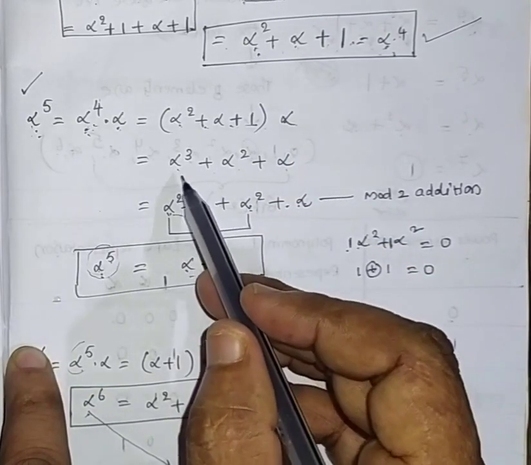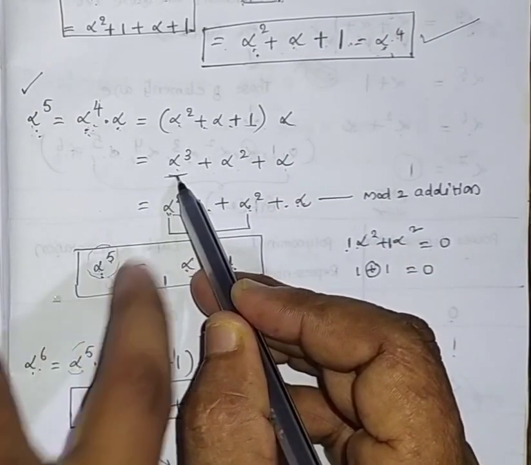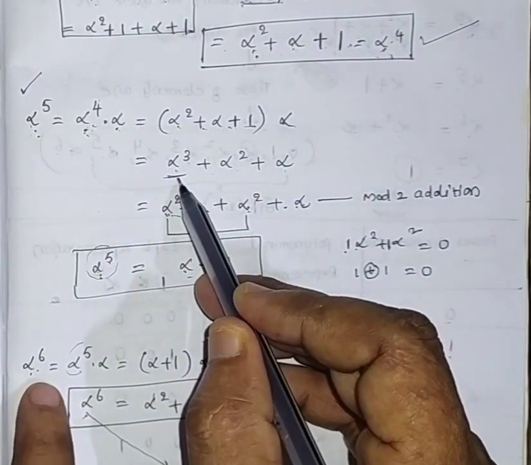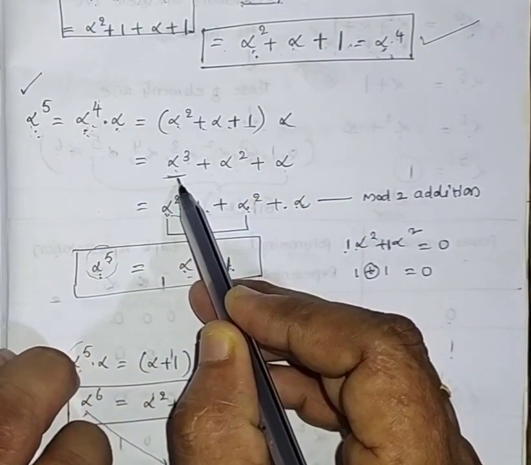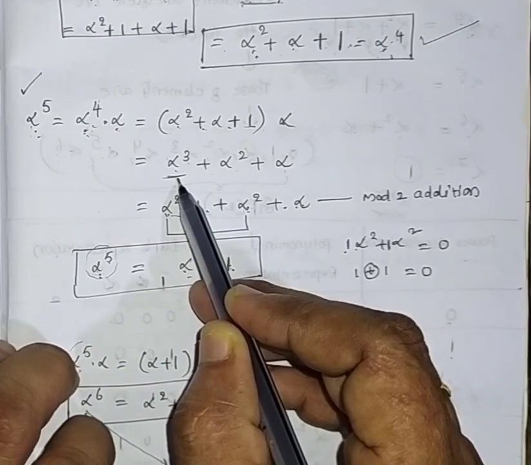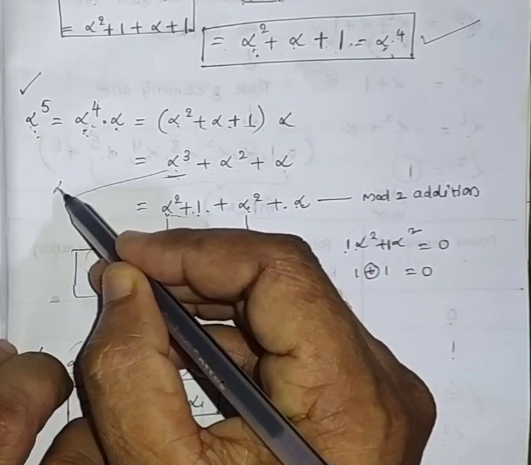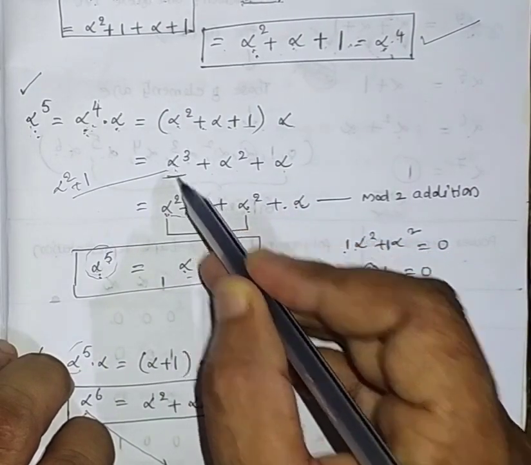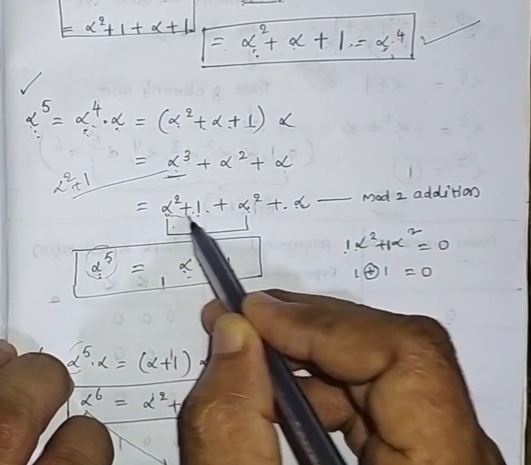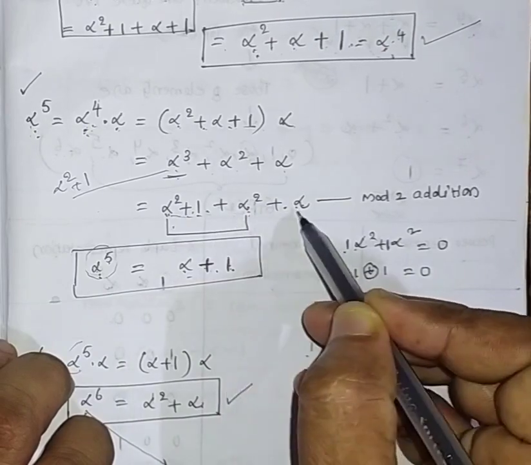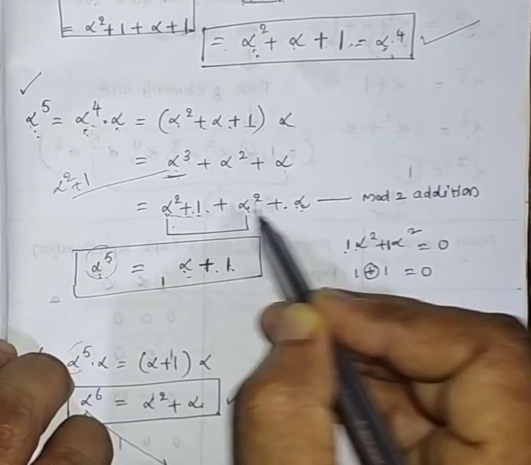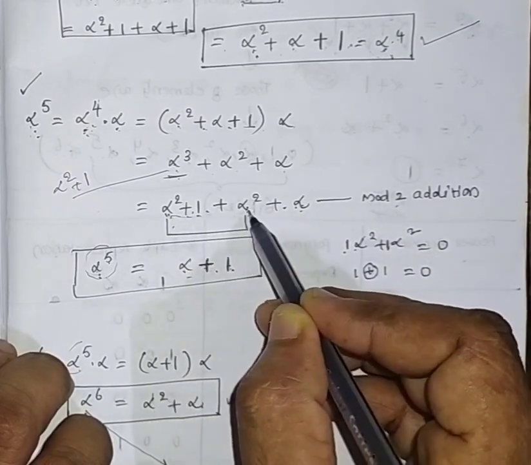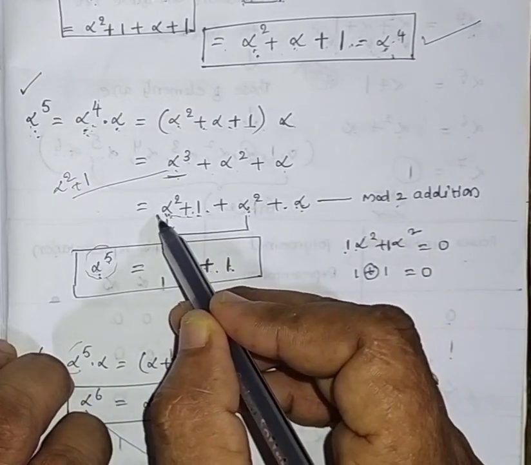Again, substitute alpha power 3, whose value we know from equation number 2 is alpha square plus 1. If you substitute here, alpha square plus 1 plus alpha square plus alpha. Since it is the modulo 2 addition, this alpha square plus alpha square. What is the coefficient of alpha square? 1.